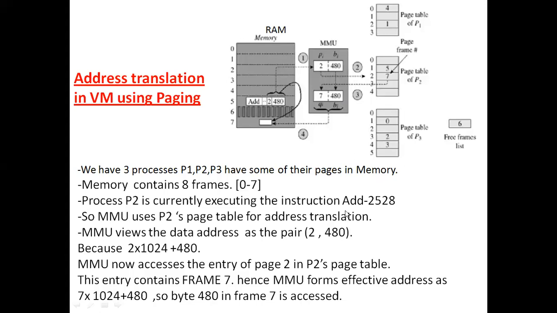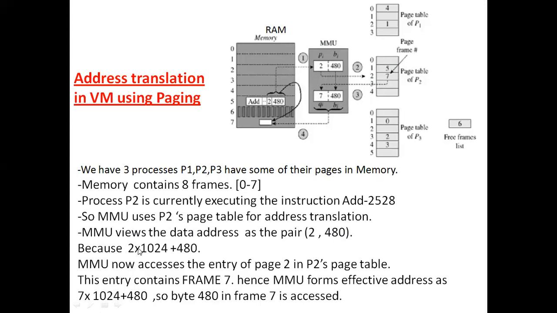So this address 2528 is analyzed as follows: the MMU uses the process P2's page table for address translation. Like here it is. The MMU will view the data address as the pair 2, 480, where 2 indicates the page number and 480 is the offset.